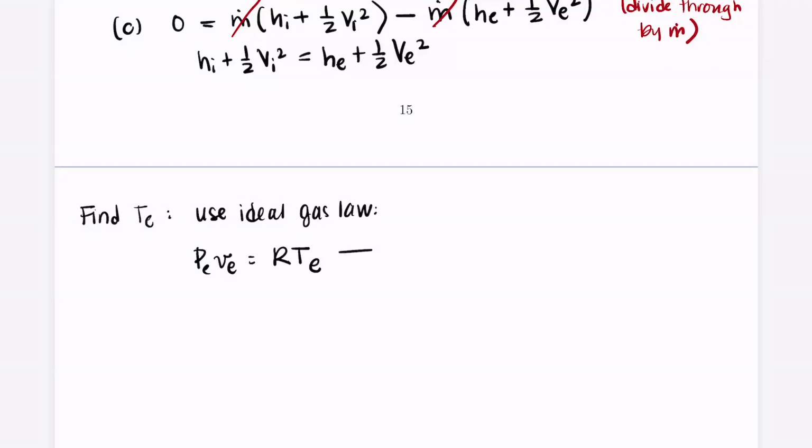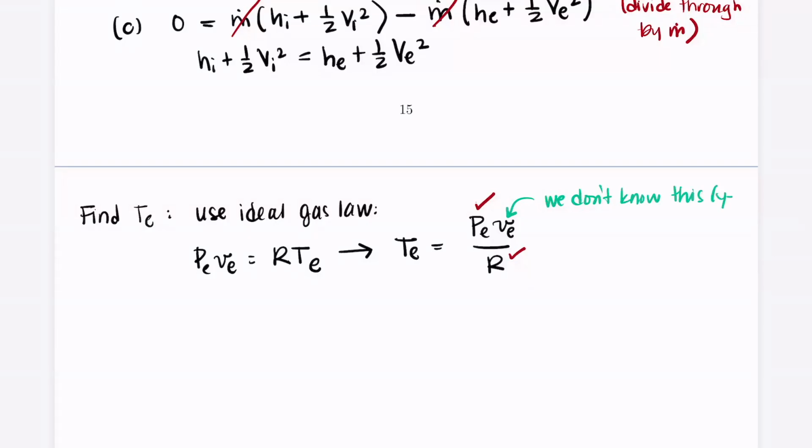I can solve this equation for TE, and I have that this is PE VE over R. We can look up R from a table because we know that it's air. We're given the pressure, but we don't know VE yet. Any ideas on how we might find that?